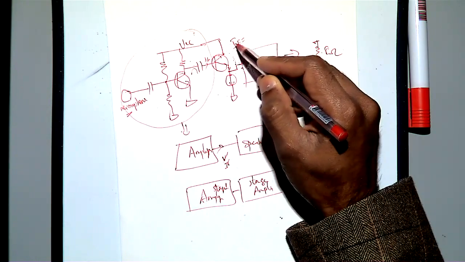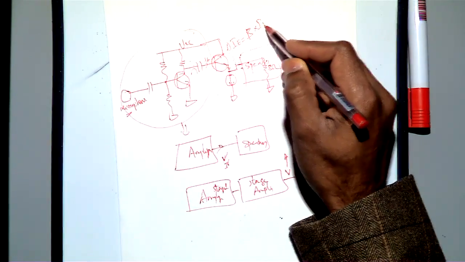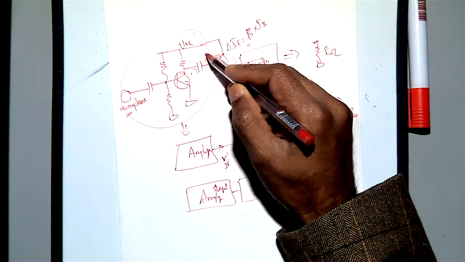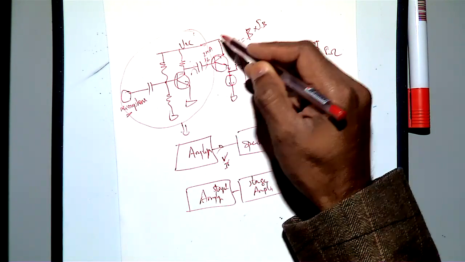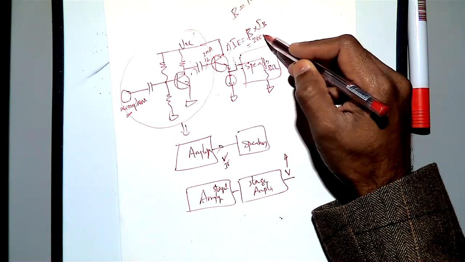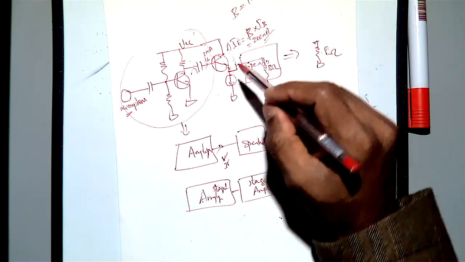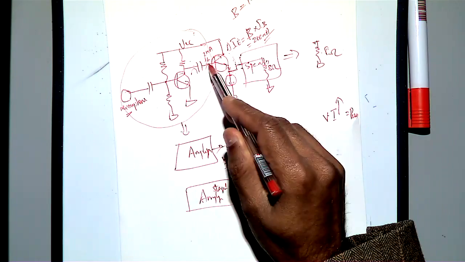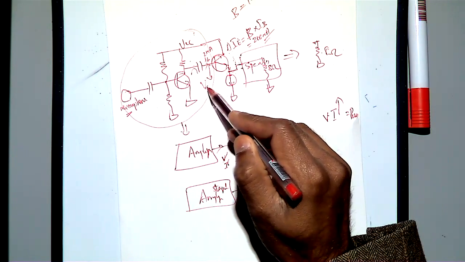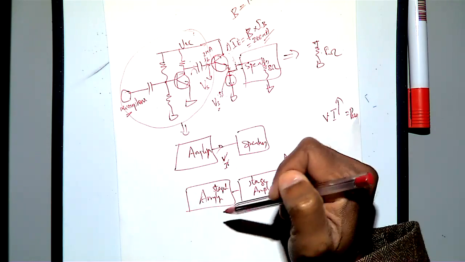So emitter current for the signal will be beta times IB. So if IB is equal to 2 milliamps, and your beta equals 100, then you are getting how much? 200 milliamps emitter current. And the emitter follower will make sure that this voltage is approximately equal to Vs, slightly less than Vs. You know what I meant?